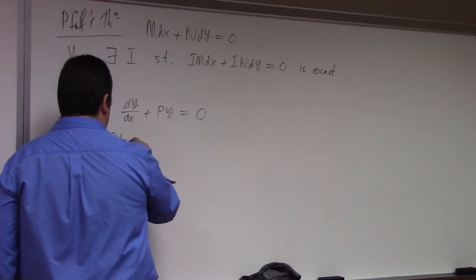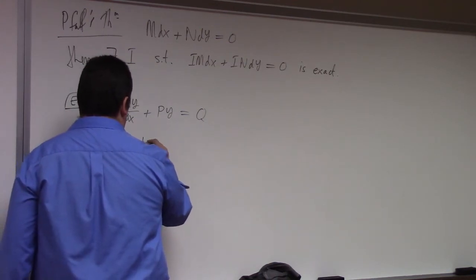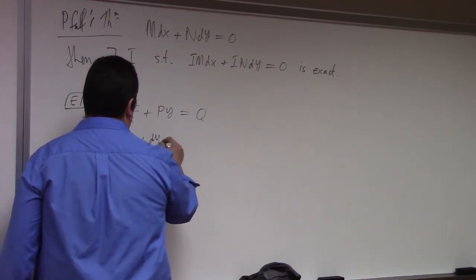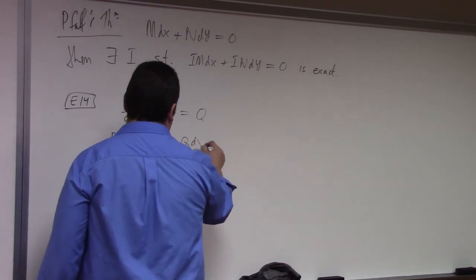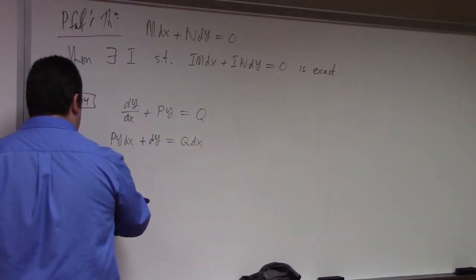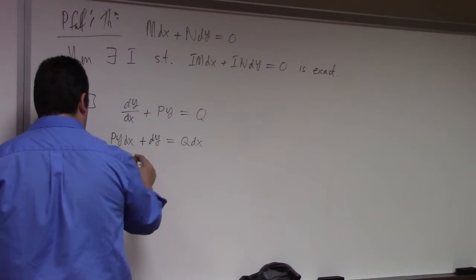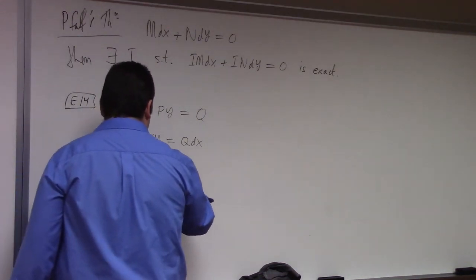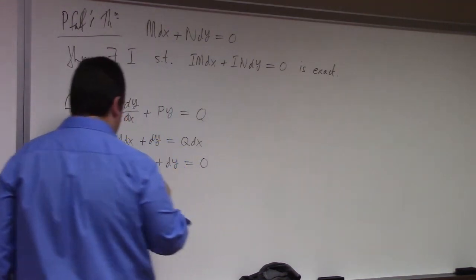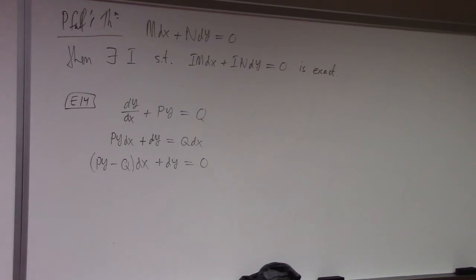It's py dx plus dy equals q dx, which I can rewrite as (py minus q) dx plus dy equals 0, right? So is the linear differential equation rewritten in Pfaffian form an exact differential equation?